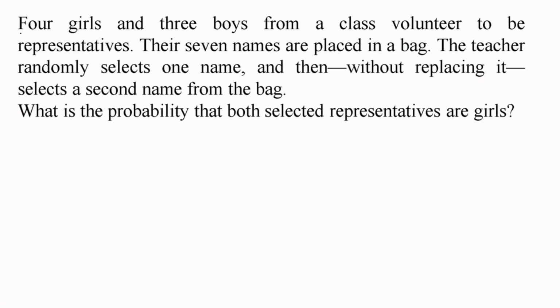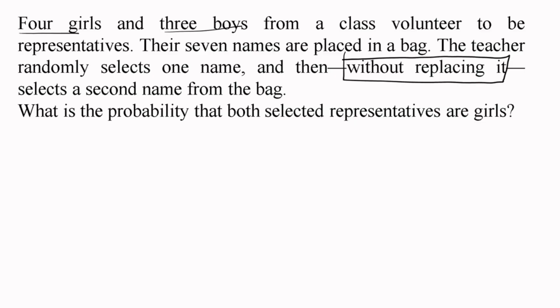We have 4 girls and 3 boys from a class volunteering to be representatives. Their 7 names are placed in a bag. Their teacher randomly selects one name and then, without replacing it, this term shows that we have dependent events, selects the second name from the bag.